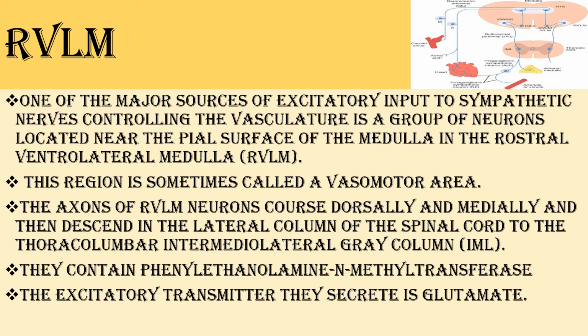The axons of RVLM neurons course dorsally and medially, and descend in the lateral column of the spinal cord to the thoracolumbar intermediolateral cell column.